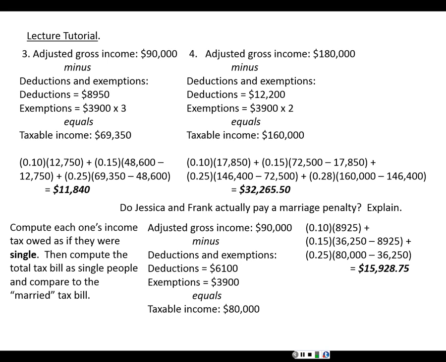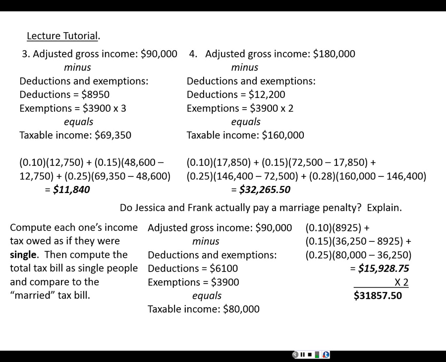In this case, though, Frank made the same amount as Jessica, so if I did Frank's income now, I would have exactly what I have all over again, which means Frank also paid $15,928.75 in taxes. So if I add Jessica's and Frank's together, I would just be doubling it.